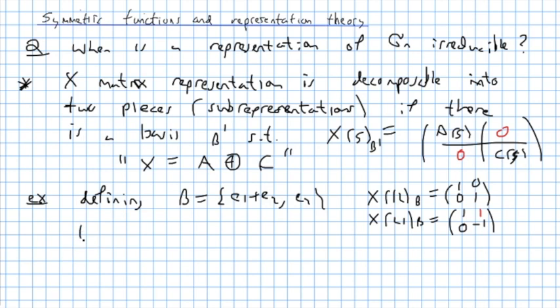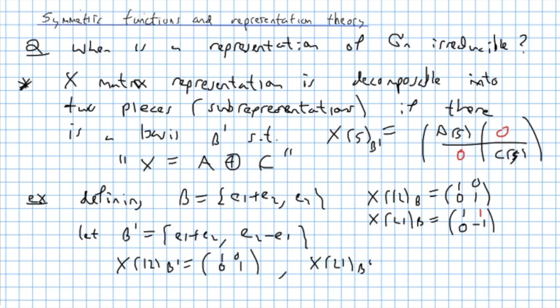So if we let B prime be E1 plus E2, and this is E2 minus E1, so something that kind of makes it orthogonal, then we can check that X12 is still, of course, the identity, because I'm just the identity matrix in the elementary basis.